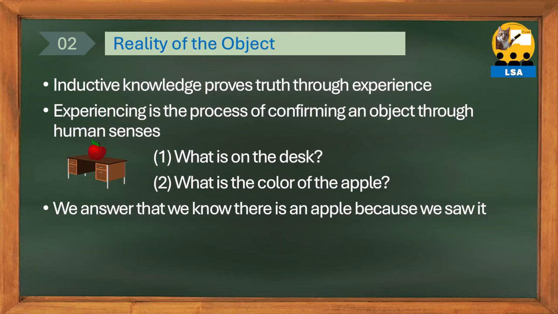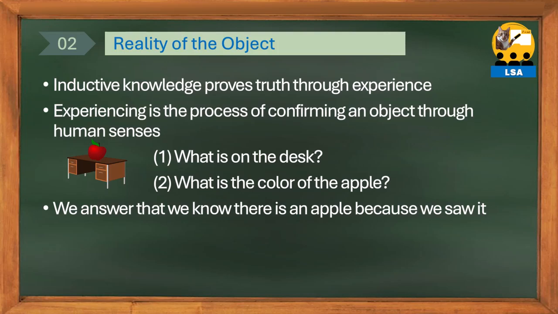Then how about this question? Is it not there if you don't see it? Doesn't the apple exist for a visually impaired person who can't see it? The visually impaired person would say they can know by touching it. Then does the apple exist for a person who lost both sight and touch due to an accident? Without sight and touch, they say they can know by smelling the apple. Then does it exist for someone who also lost their sense of smell?